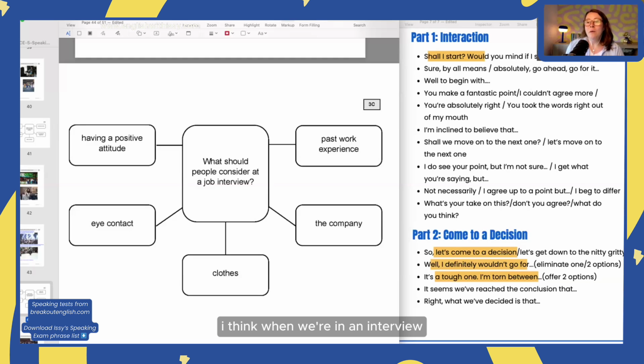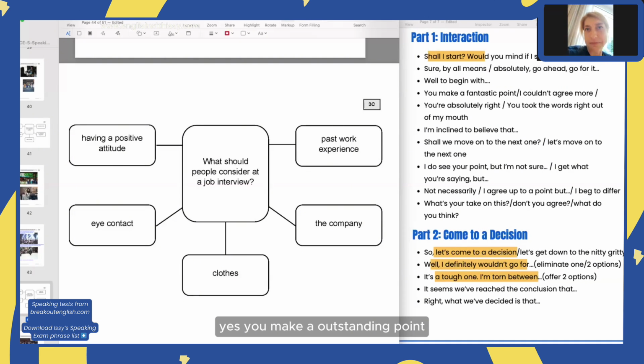I think when we're in an interview, if we can talk positively about the skills that we developed at our last job and all the things that we've learned, that could leave a really positive effect on the interviewer. Wouldn't you agree? Yes, you make an outstanding point, and you definitely twisted my arm. I really now understand what you mean.